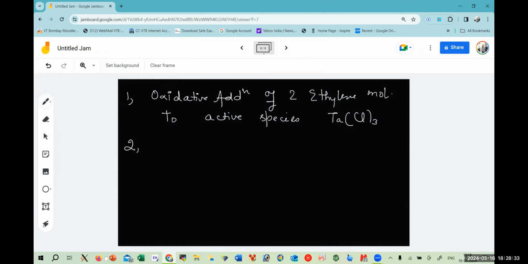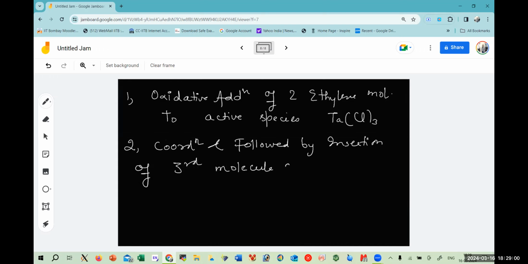And then the second step is that it would form a 5-membered ring. Then we have coordination followed by insertion of the third molecule of ethylene. So two molecules we used earlier and the third molecule is being used here.